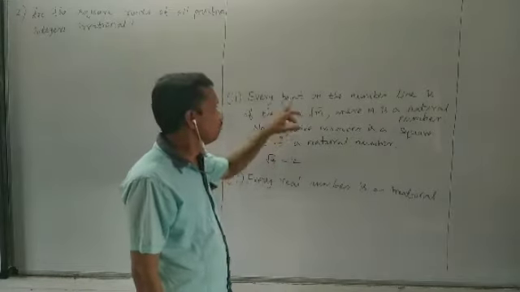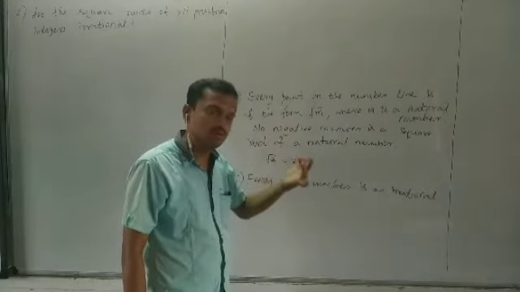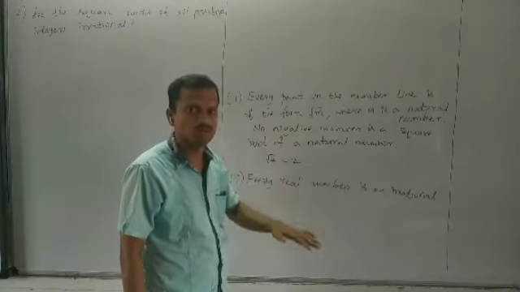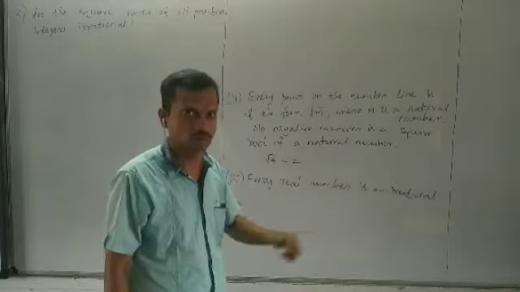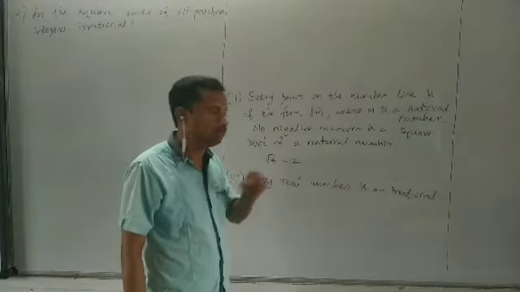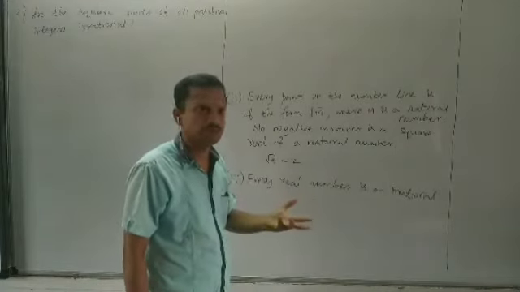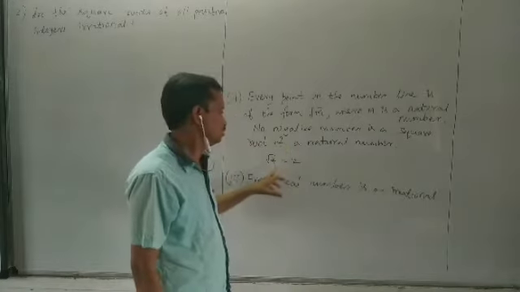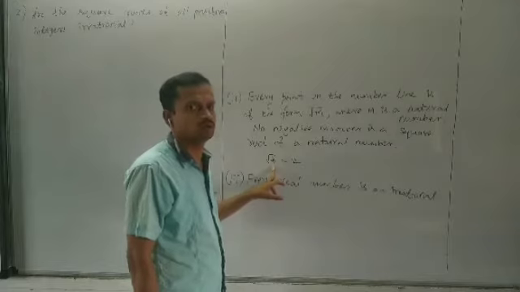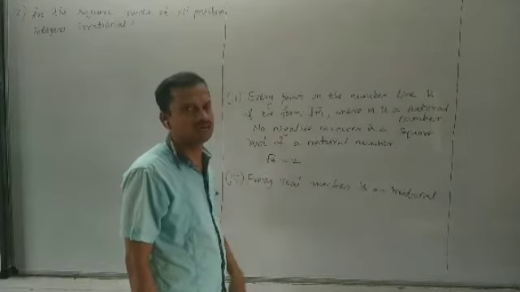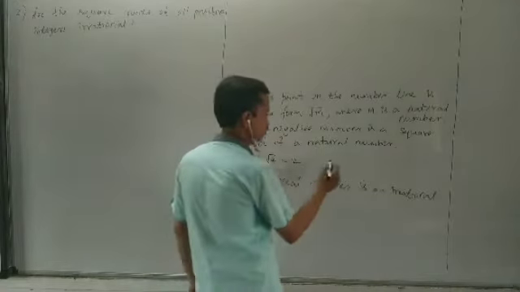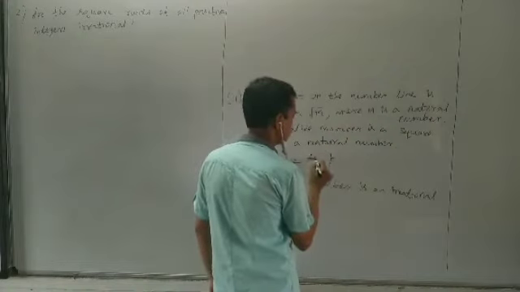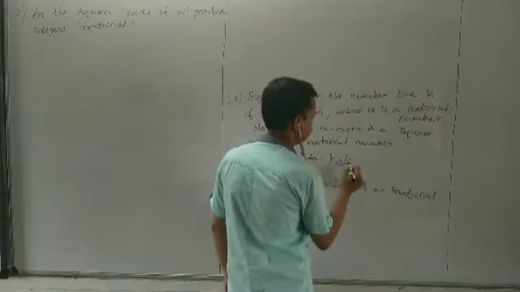But in number line there are negative numbers also. So, every point, that means any point, negative number will also come. But here, when we take square root for a natural number, we won't get the negative as an answer. So, answer is false.